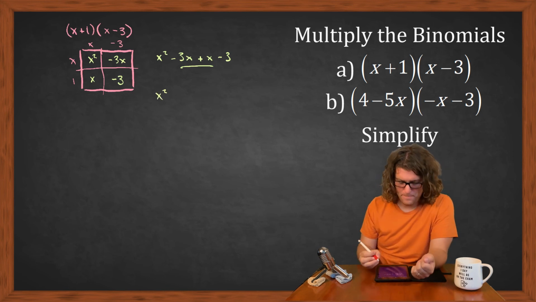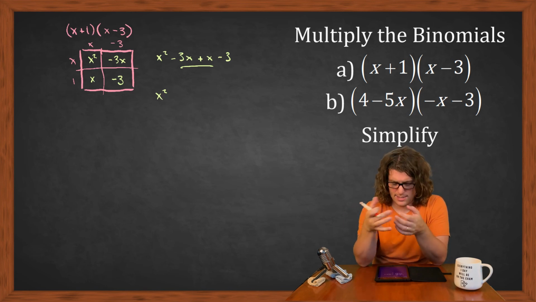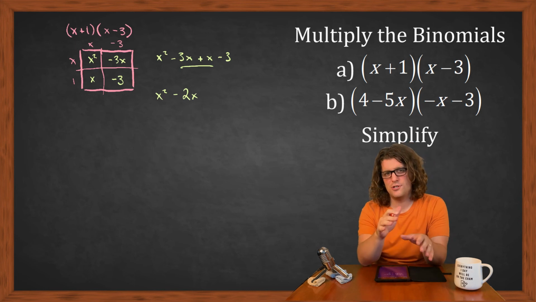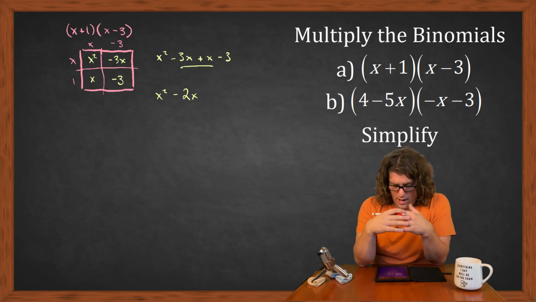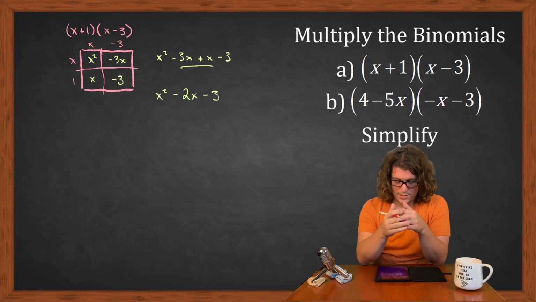I have -3x and another +x, and they're being added together. It's -3x plus x. That will give us -2x. So just like normal integer addition there. Now we have just the -3, a number all by itself at the end, so -3 it is.